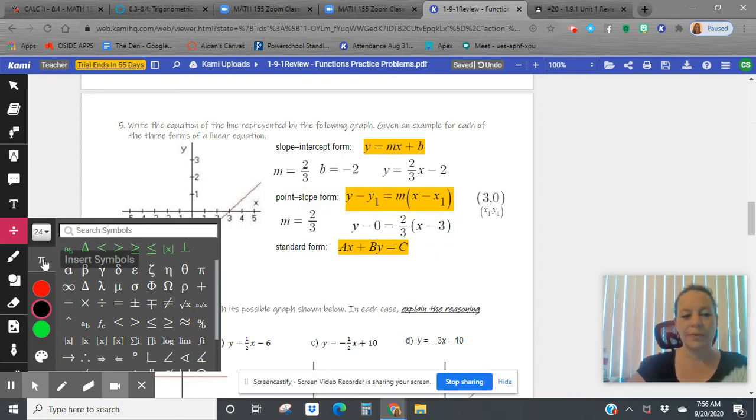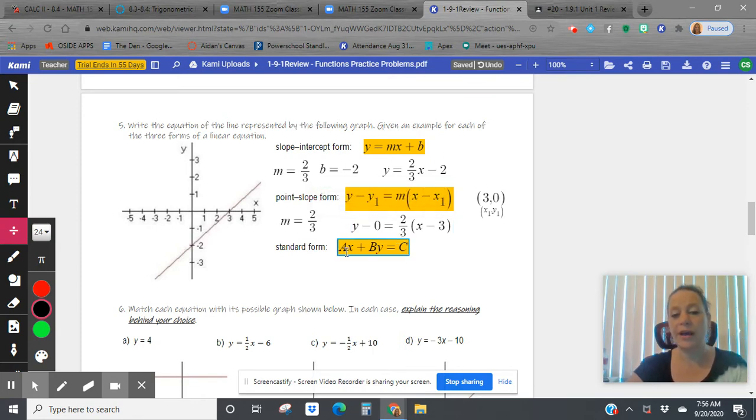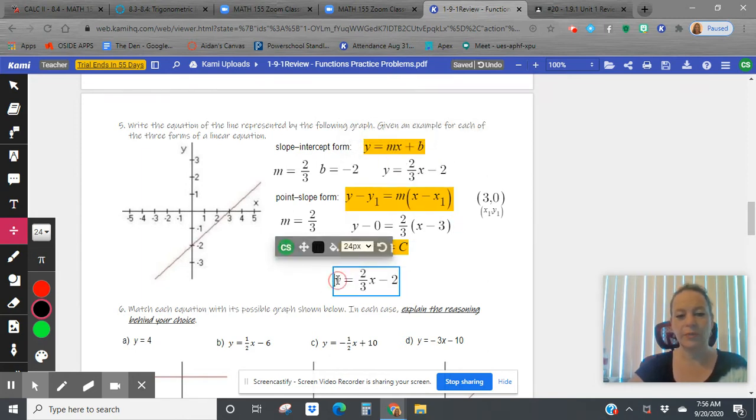Now standard form. For this one, I want to move things around, so I have a coefficient with x, a coefficient with y equal to c. So here I go. I'm going to start with this slope-intercept form up here and show you how we can move this around.